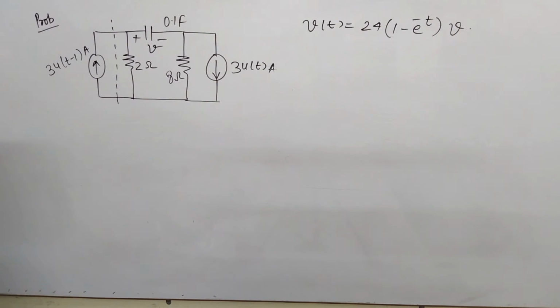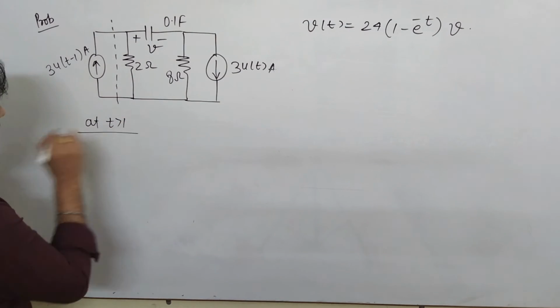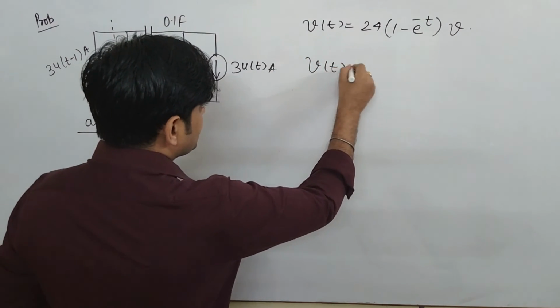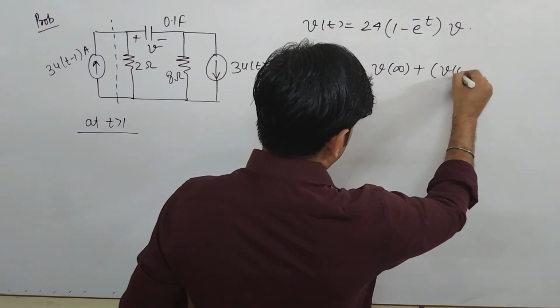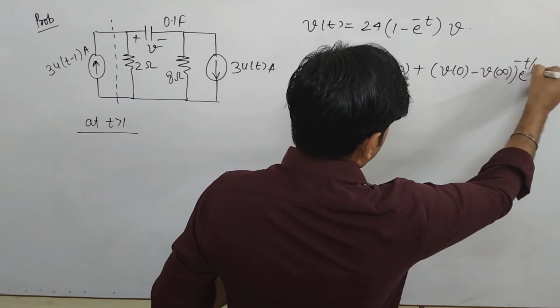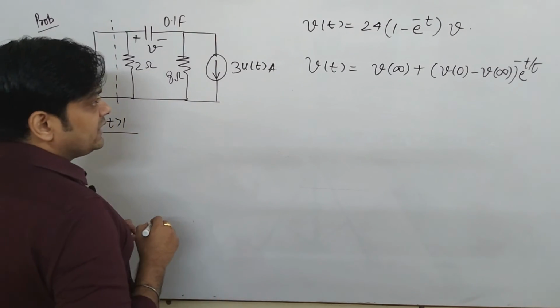Now what happens at t greater than 1? Basically we have to find the solution. So again Vt is equal to V infinite, as the formula says, V0 minus V infinite, e to the power minus t by tau. Yes, but now we have to find the solution for t greater than 1.